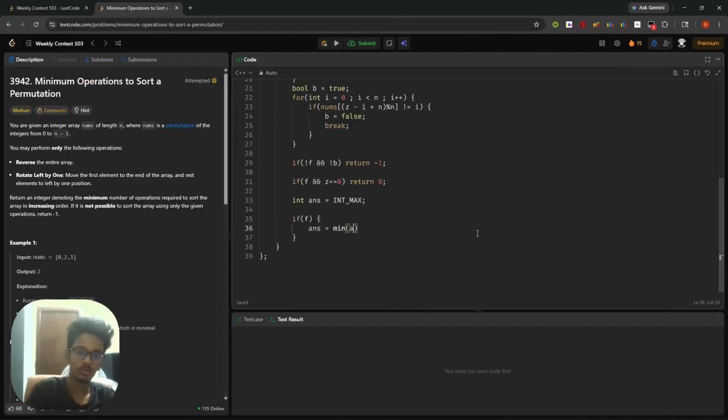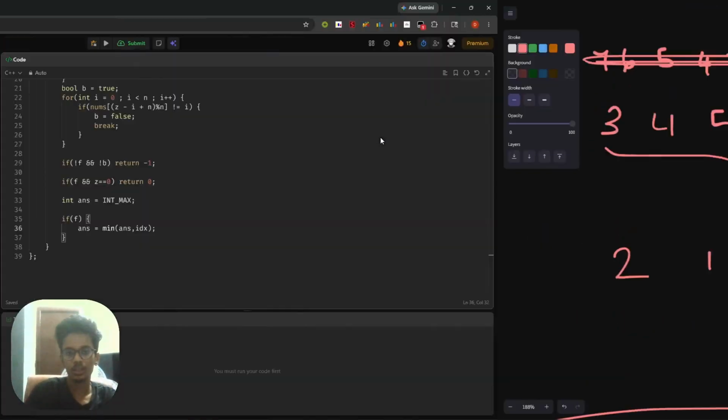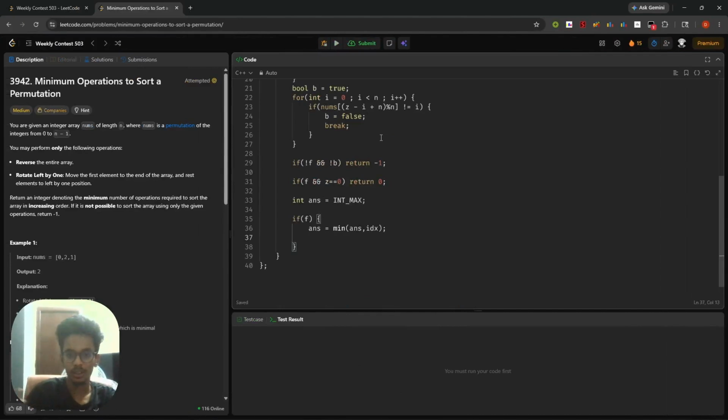So it would be minimum of answer and the index of 0. That many places you'll rotate it, isn't it? Here the index of 0 is 5, and it took you 5 rotations. So this way you can reach the sorted state.